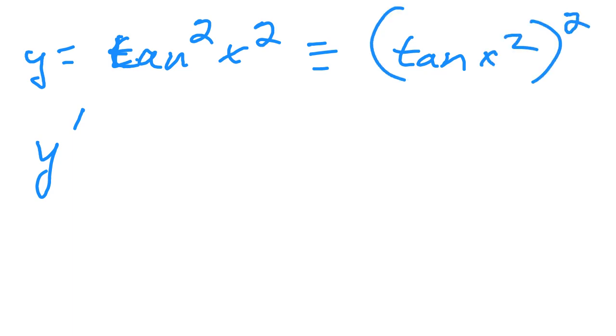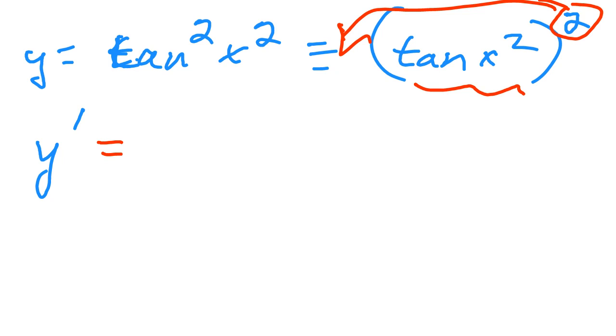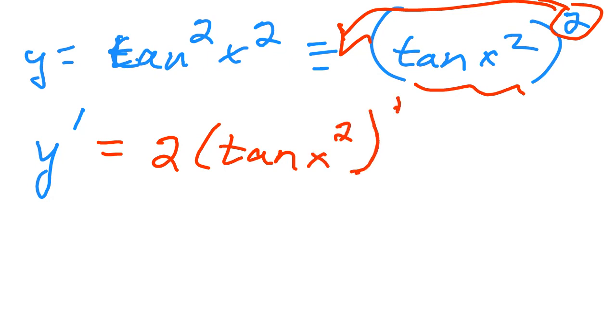It's something to a power, so I'm going to use the generalized power rule. I take the power, drop it down in front, and then that thing to the first, because you reduce it by 1.